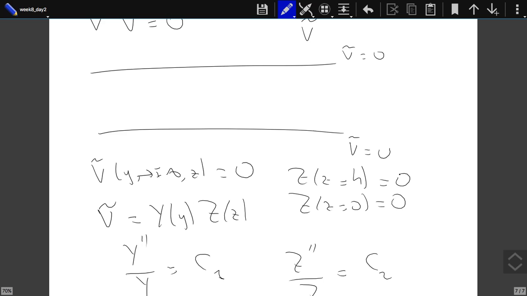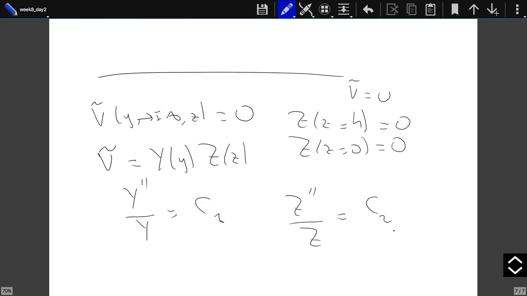So the z function should be periodic. You see, if C2 is positive, then I don't have a solution that takes the value 0 at two different points. It can take the value 0 only at a single point. So that tells me that C2 should be equal to minus some number. And so C1 plus C2 is equal to 0.